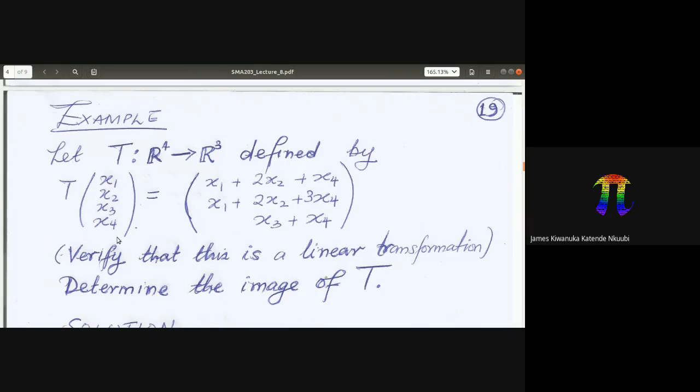You will find the matrix for the linear transformation, convert that matrix into reduced echelon form, and then pick the columns that have the leading entries, and the corresponding columns in the matrix of the linear transformation will form a basis for the image. Are we together? Yes. Good. So now solve this one.